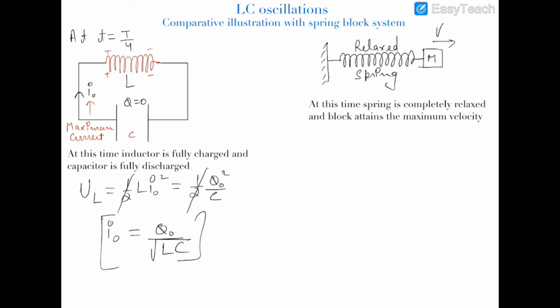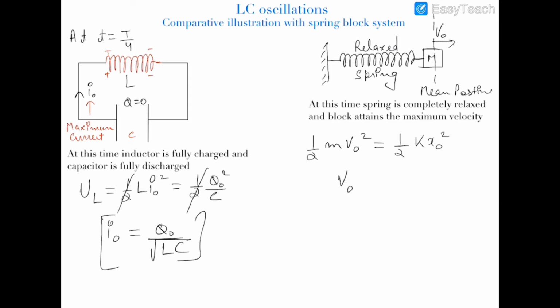And on the spring block system side, this spring is relaxed and this block is passing through its mean position, and hence this block will have a maximum velocity, and its velocity can be calculated by equating the energies. This block has some kinetic energy half mv square at this instant, and this energy has been transferred by the spring, and the initial energy of the spring was half kx naught square, and obviously at this position the spring is relaxed and its complete energy becomes 0.